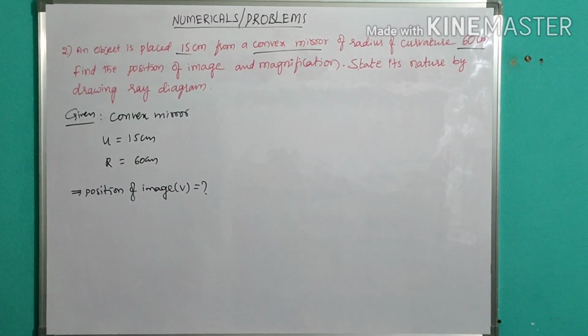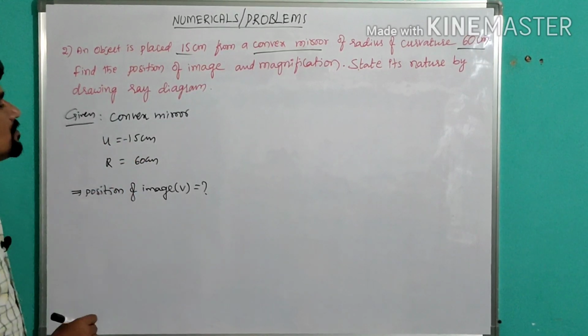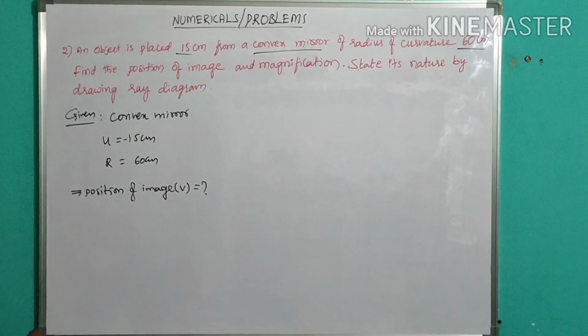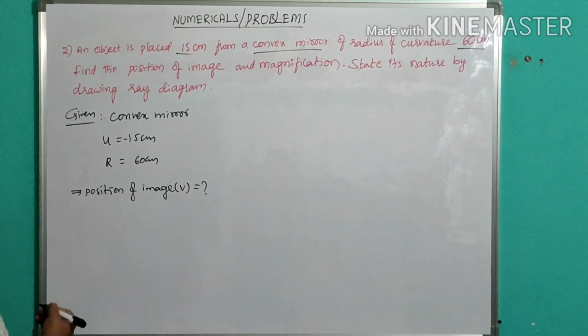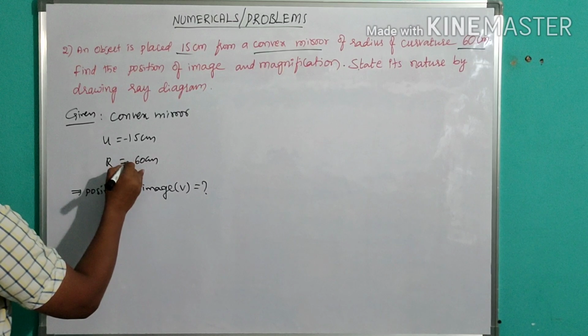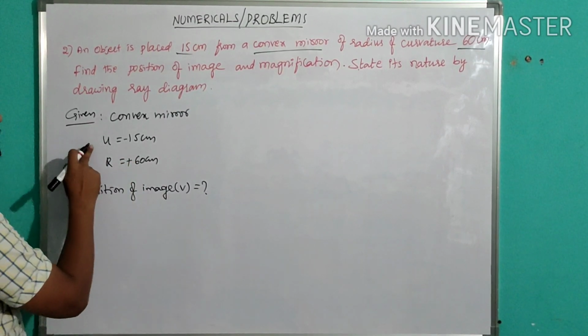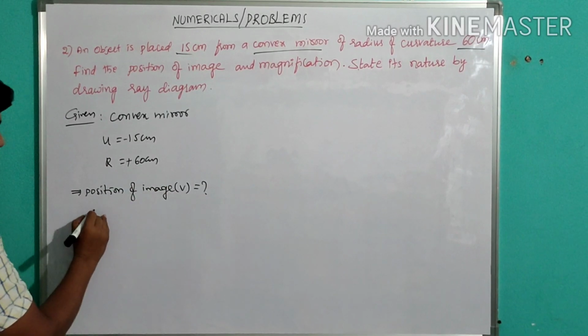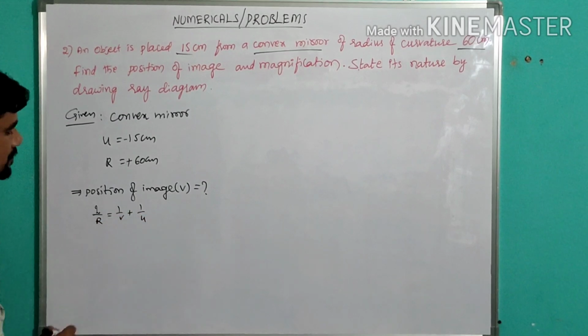Here, before substituting the values in the formula, as usual, apply the sign conventions. Object distance is always negative. For a convex mirror, the radius of curvature is on the other side of the object. Already we discussed in the sign convention rules, so it is positive. Now, the useful formula for u or v is 2 by r equals 1 by v plus 1 by u.